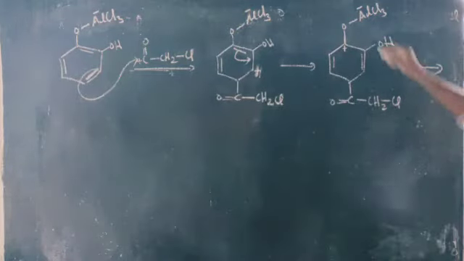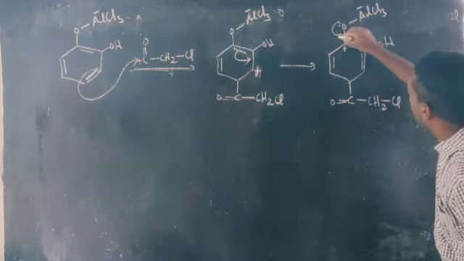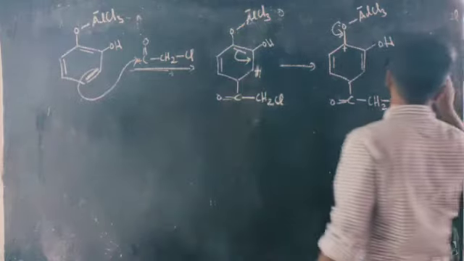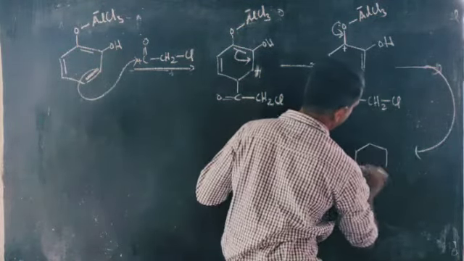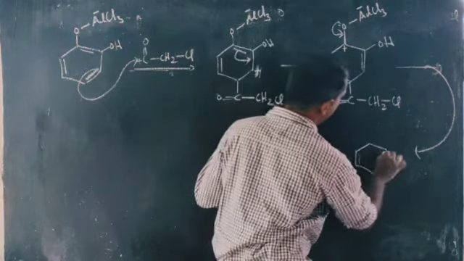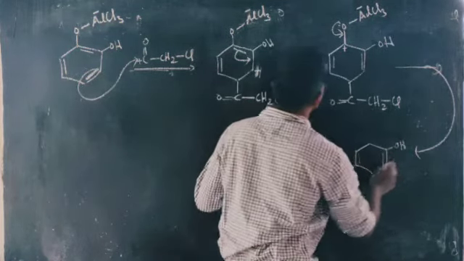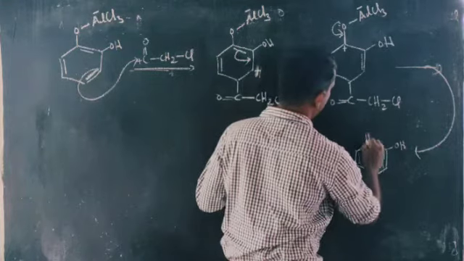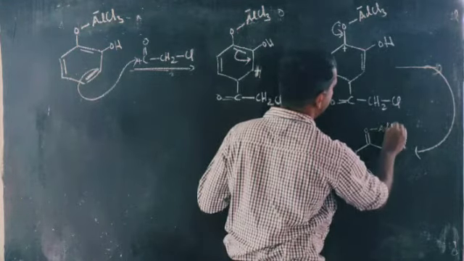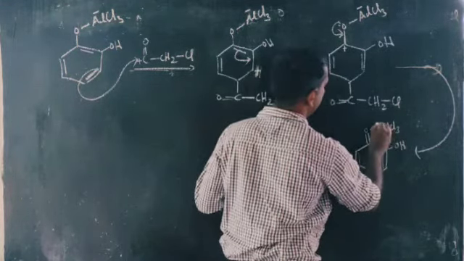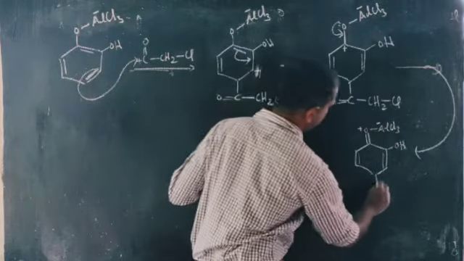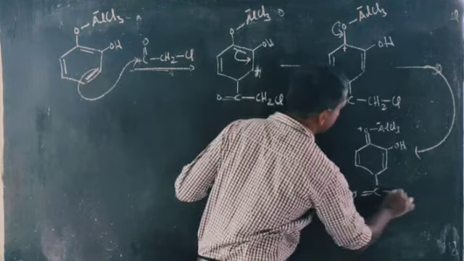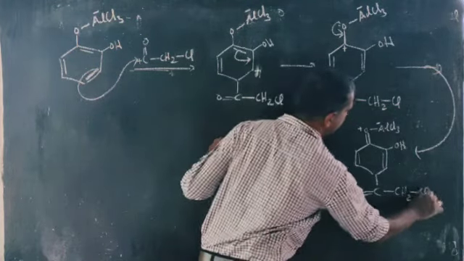In the next step, this pair of electrons is shifting to here, and we get a structure like this. Here it is double bond, OH is here, and here it is double bond OAlCl3 minus, and oxygen is getting a positive charge, and here it is C double bond O, CH2Cl.